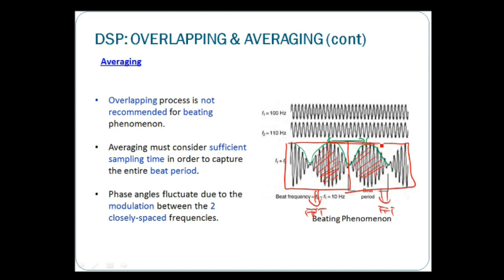You will see the beat periods in the time domain. Every frequency, the difference is 10, so 1 over 10 is 0.1 second. Every 0.1 second, you have this change of amplitudes.